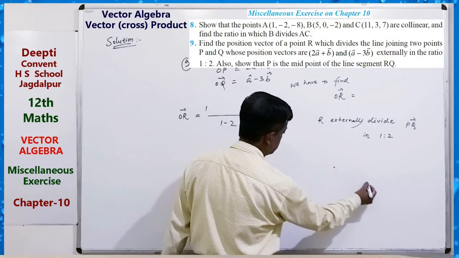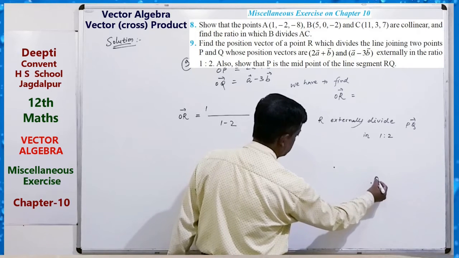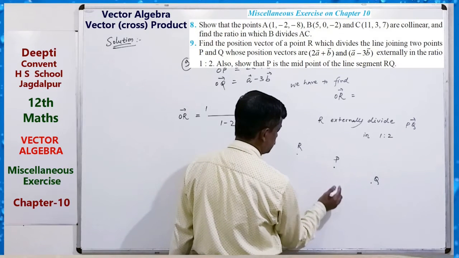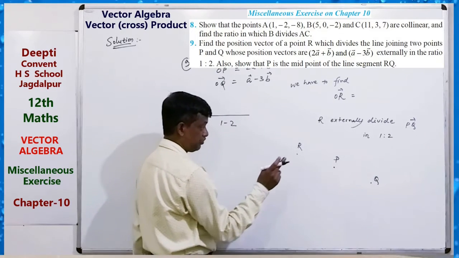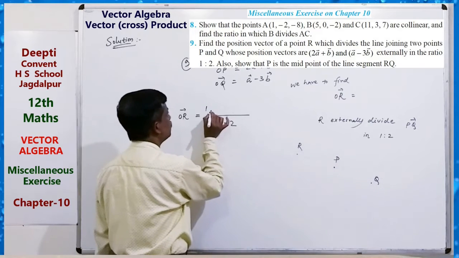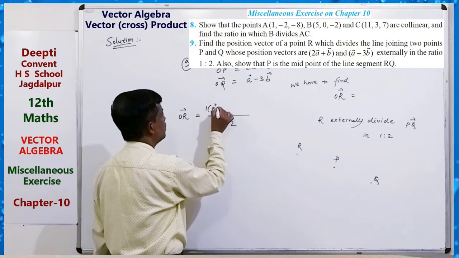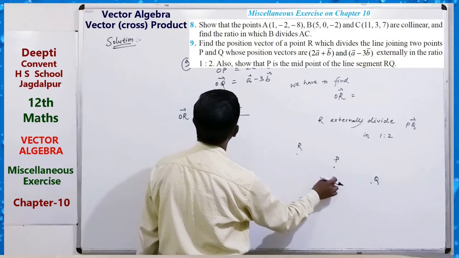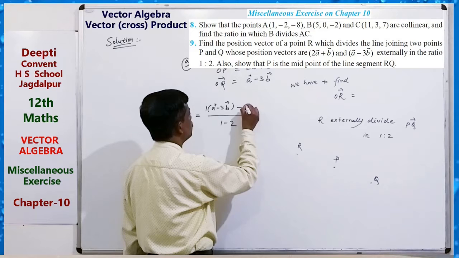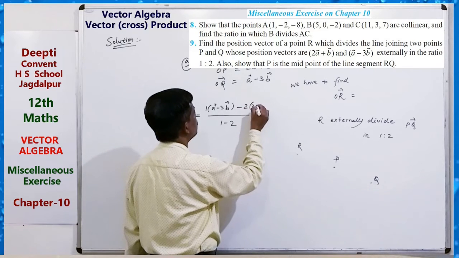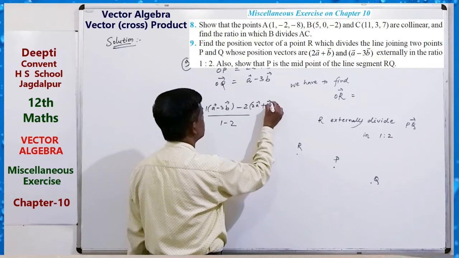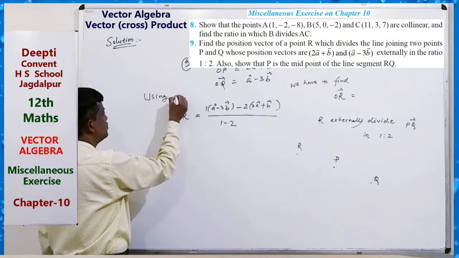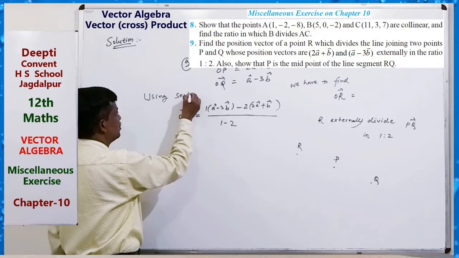This is P, this is Q, this is R. So 1 into Q, Q means a minus 3b, minus 2 into P, which is 2a plus b, using the section formula.